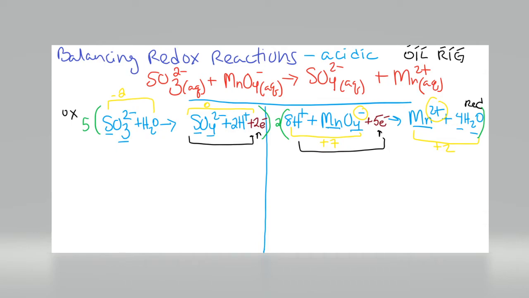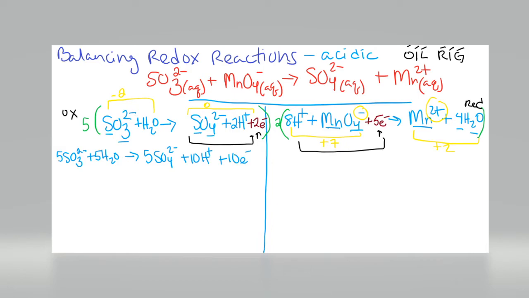So we have our final outcome, almost, kind of. We have 5 SO3 2- plus 5 water gives us 5 SO4 2- plus 10 protons plus 10 electrons.